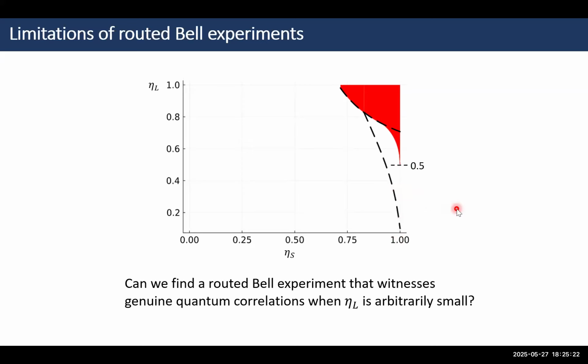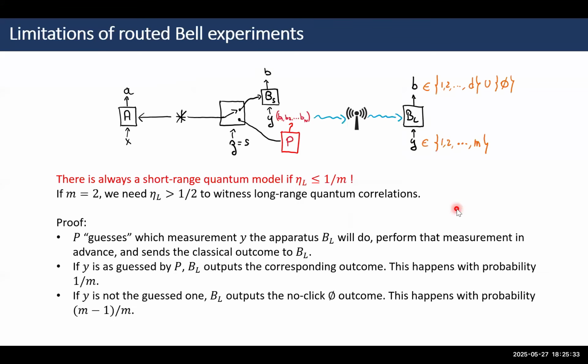So is this possible? To study this, we first realized that there are some very general limitations on routable experiments. Consider a routable experiment where you have n measurement devices for the faraway device, Bob. Then it's not difficult to show that if you have losses, there will always be a short-range quantum model if the efficiency of the faraway device is below 1/n.